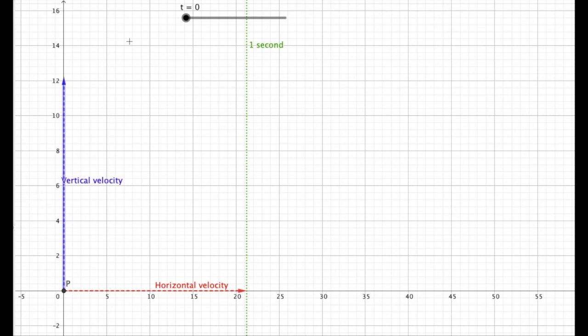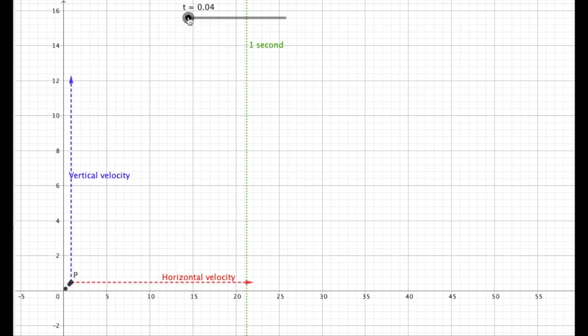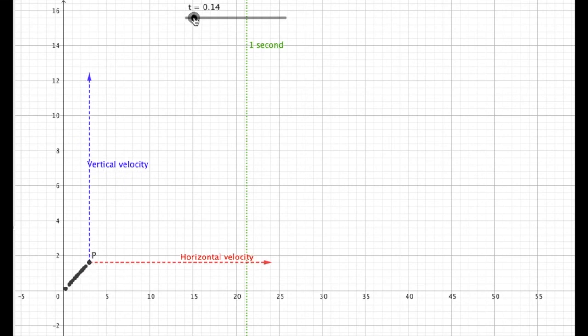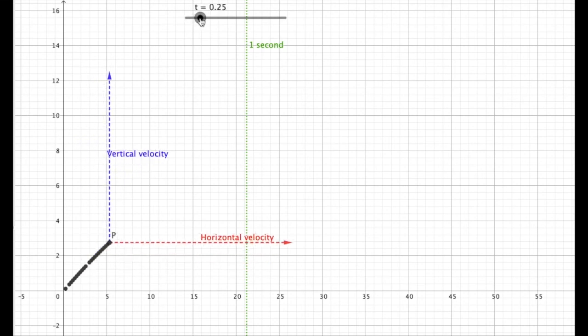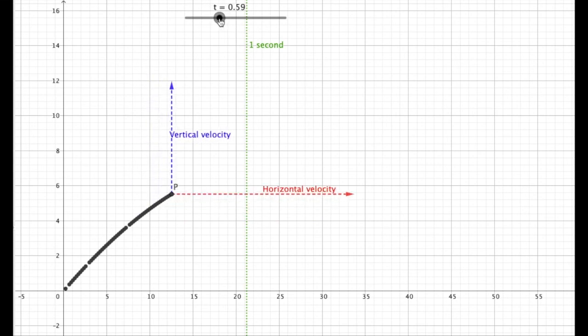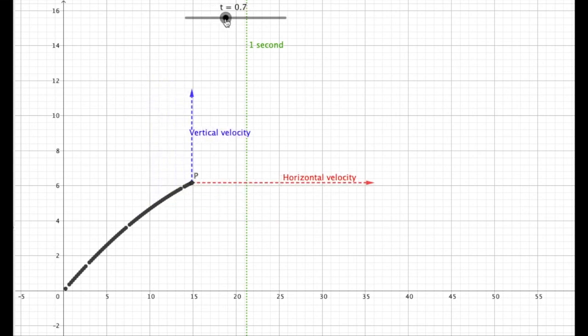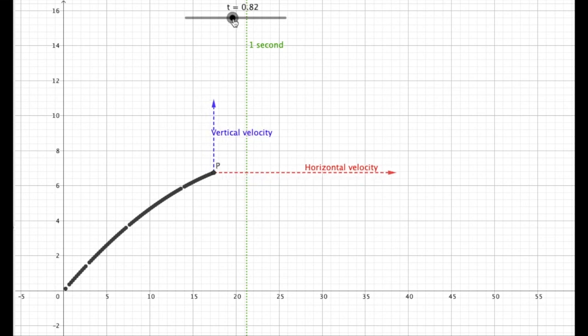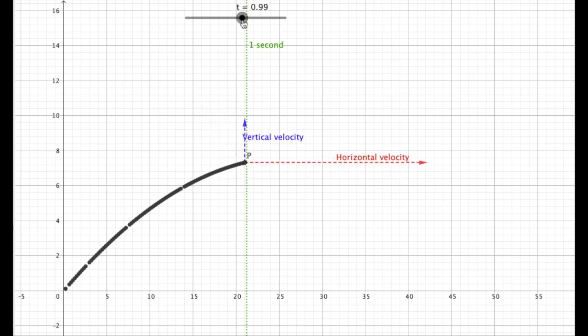So let's make this travel along in time. As we move it along, the horizontal velocity sure enough stays the same, but we can see the vertical velocity shrinking, as the effect of gravity slows the vertical motion. At 1 second, sure enough, we have gone that far.